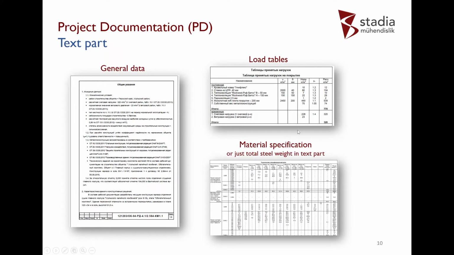For example, we put in one point of general data that all steel weight is, for example, 40,000 tons, something like this.